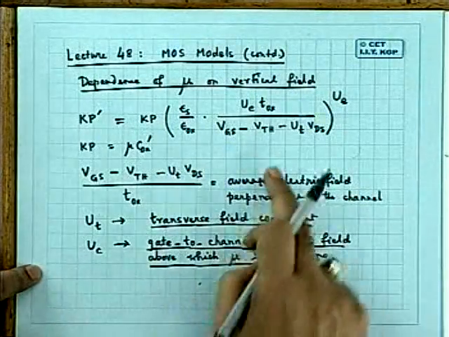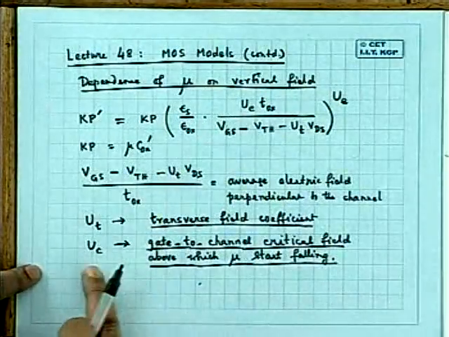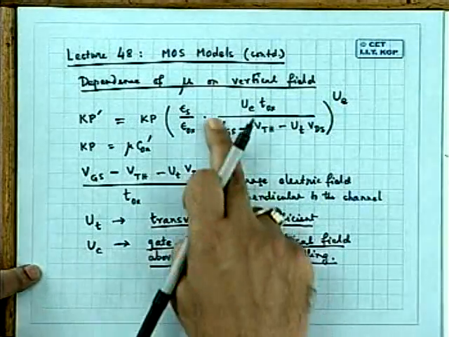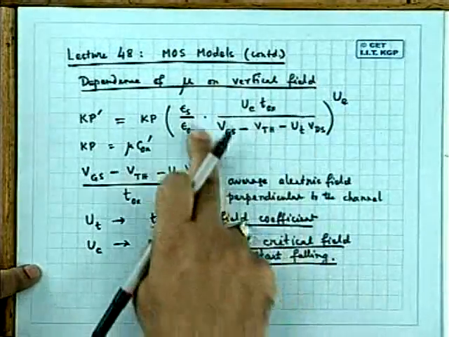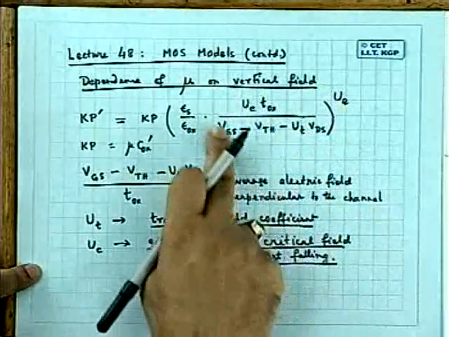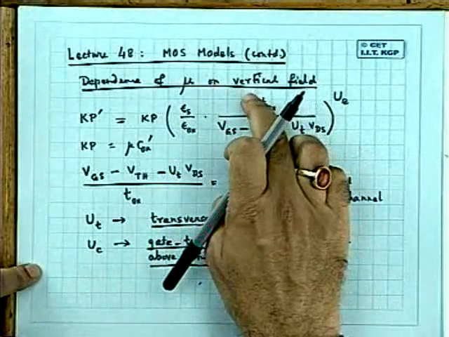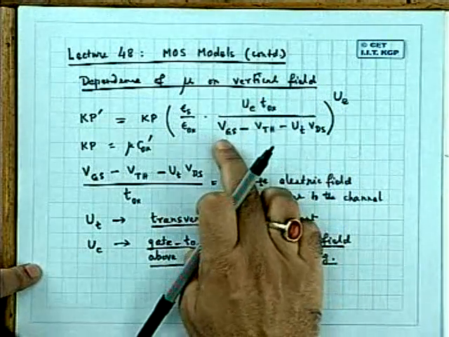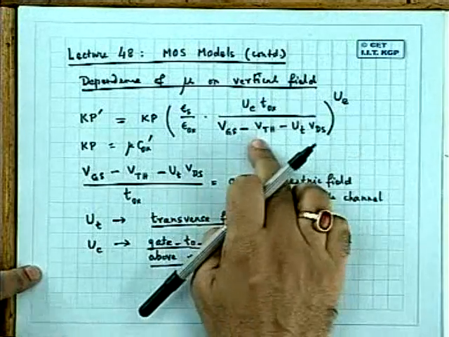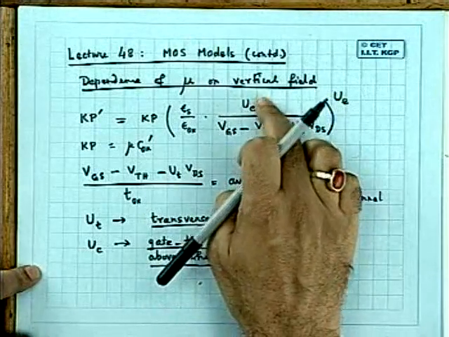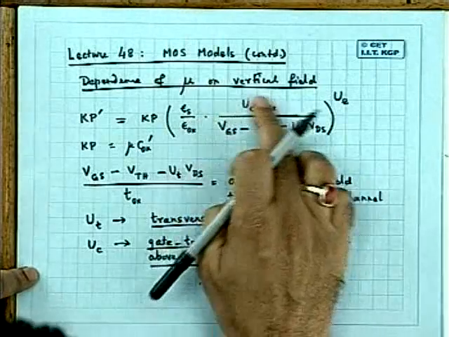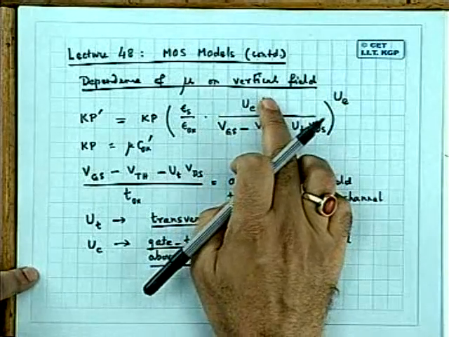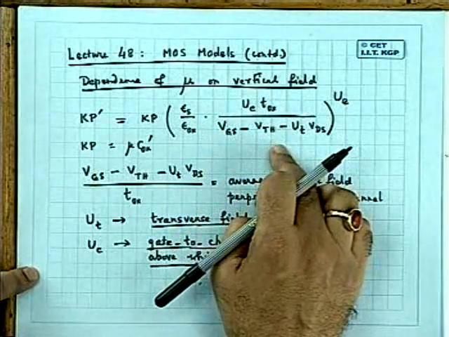That critical field is UC. So what is this term? It is the critical field divided by VGS minus VD divided by 2x, that is, the critical field divided by the average field.